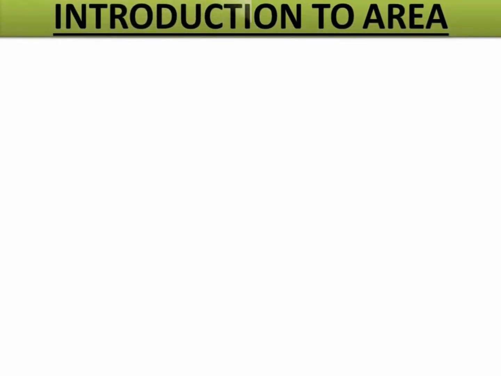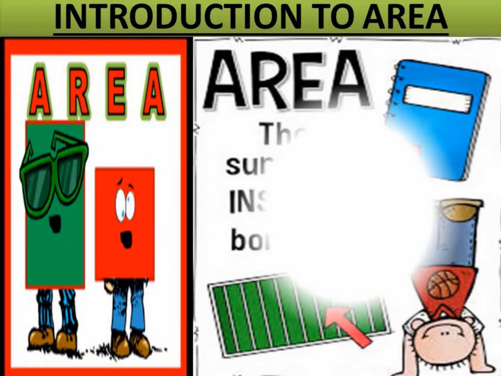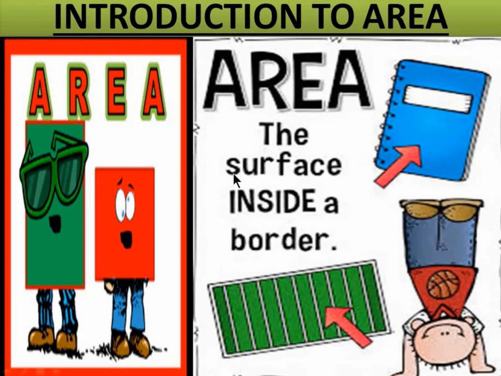Before starting our workbook, I would like to introduce you to area. What's an area? Area is the space occupied by this shape, or the space inside a border. How much space is inside this border, inside this plane shape?